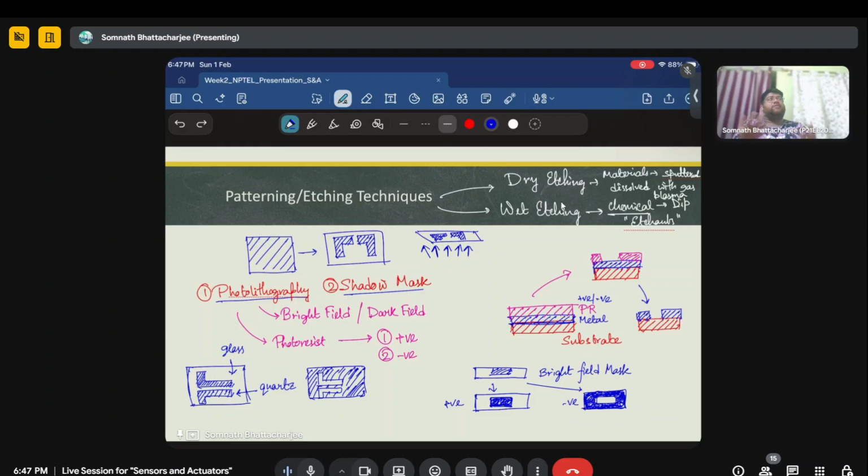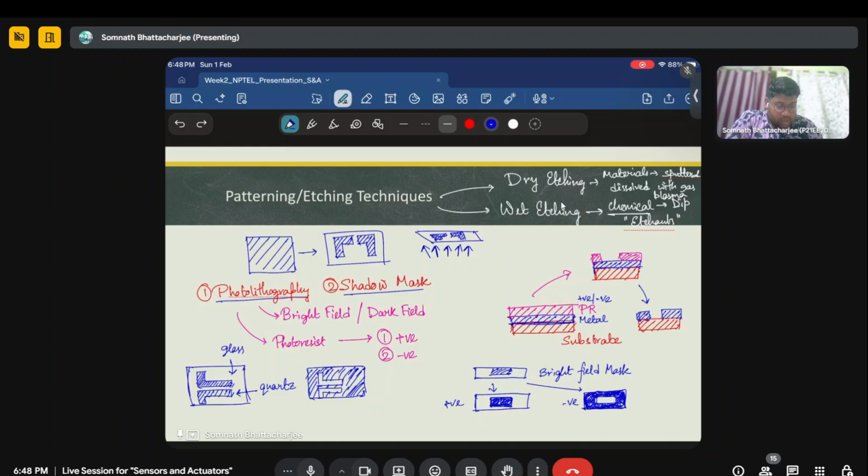In older cameras, you would have a negative or a reel, and based on your printing techniques, the darker portions get more light and the lighter portions get more dark. That is the concept of negative films in cameras. So in this case as well, the negative one gives an opposite pattern of the mask itself, and a positive one gives an exact replica of your mask onto the substrate.